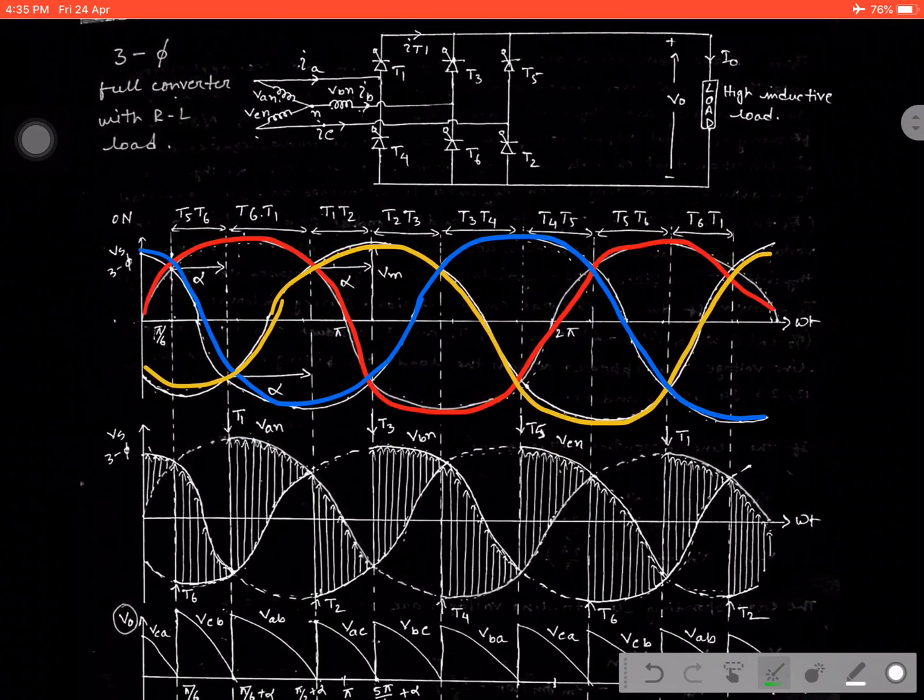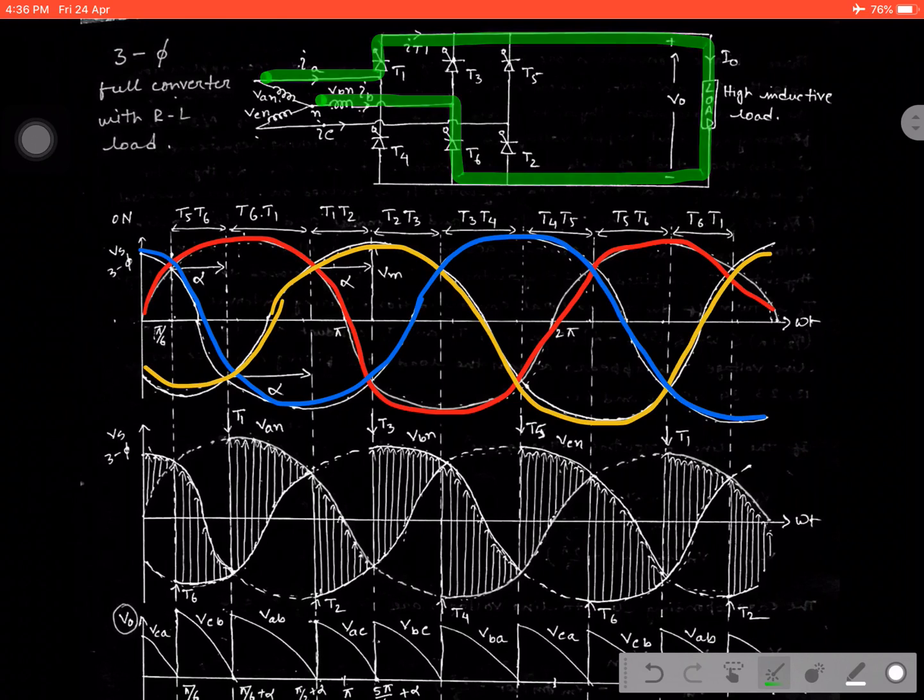See, in this waveform, when T1 starts conducting, or when applying the triggering pulse across T1, that means in the previous mode, T6 was in conducting state. Then the current starts flowing from T1, then load, and coming back through T6 to this phase.